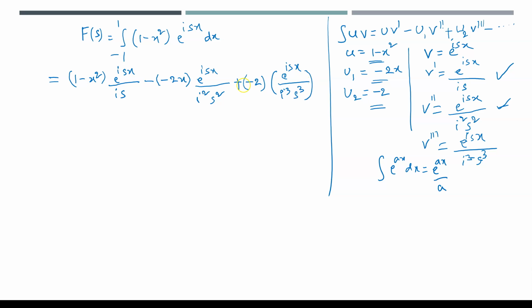Next term becomes 0 because the derivative of minus 2 will be 0. So here the limits are from minus 1 to 1. Now let us simplify this.